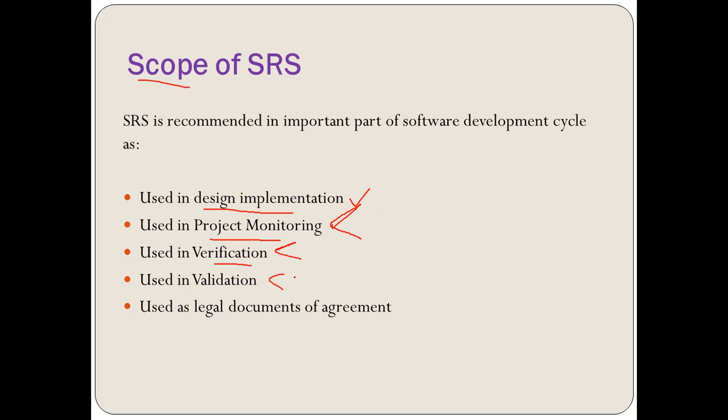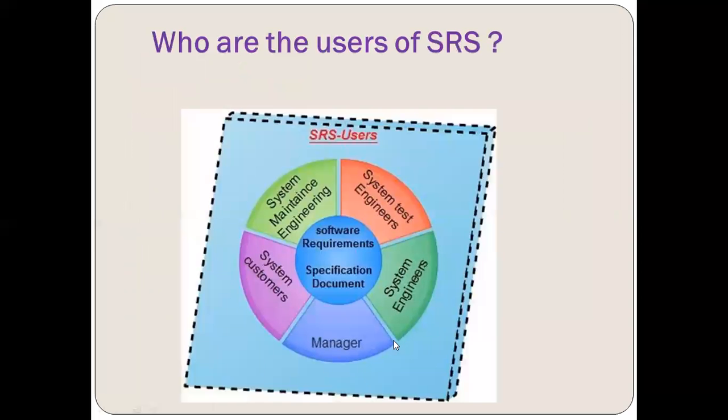Whether we are making the right product, that is validation, and whether we are making the product in the right manner is the verification. Then it is used as a legal document of agreement. So all these form the scope of SRS.